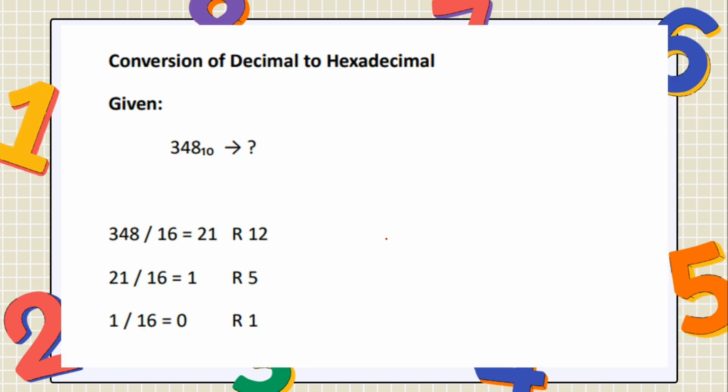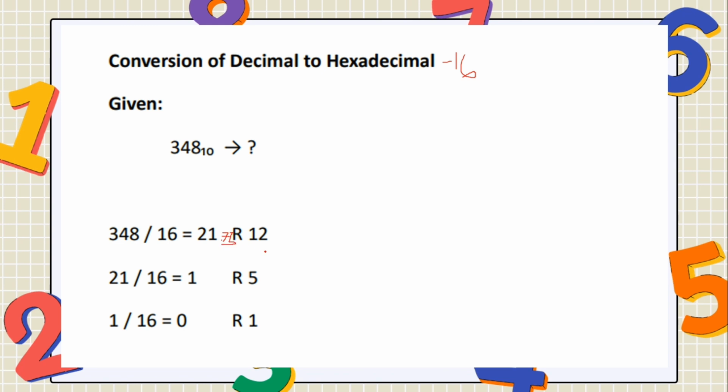So, next one is the conversion of decimal to hexadecimal. So, since hexadecimal is base 16, so 16 atong gamitin for the division. So, 348, same given, 348 divided by 16 equals 21.75.